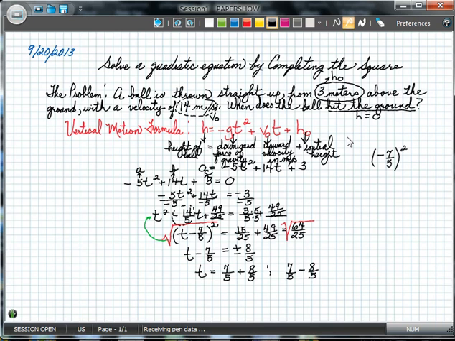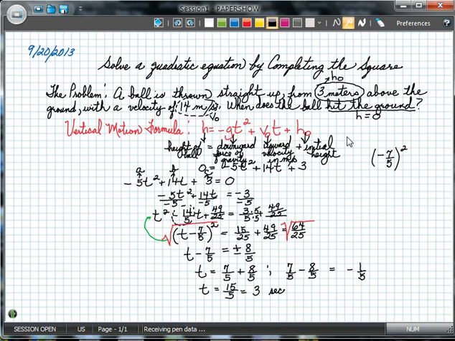So we have two time periods here. We get t equals 15/5, which is 3 seconds. Our second time would be a negative 1/5.